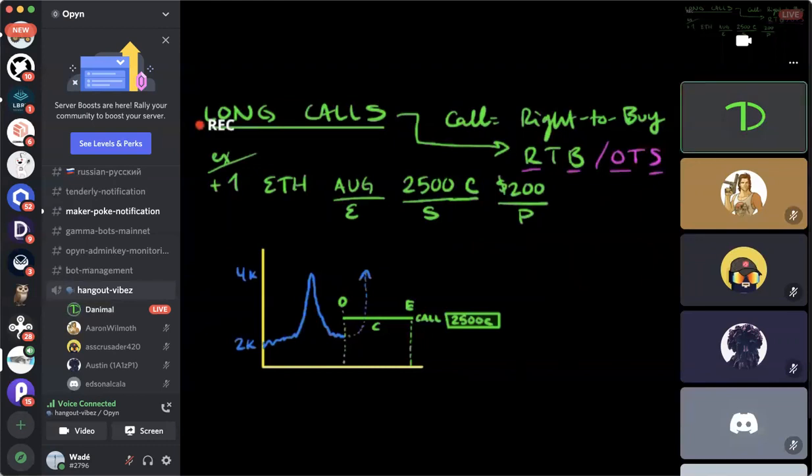And in the money is just another word for at a trading advantage. Like a coupon, if you have a coupon for a pizza and the pizza is regularly $25, but you have a coupon to buy it at $12, then you're at a huge trading advantage, right? So a call is also like a coupon. And just like you can sometimes buy coupons that are really useful, if a coupon is really good, it's going to have a price tag generally, right?